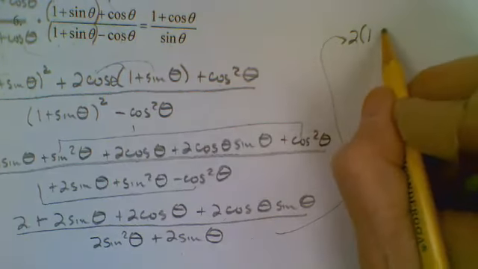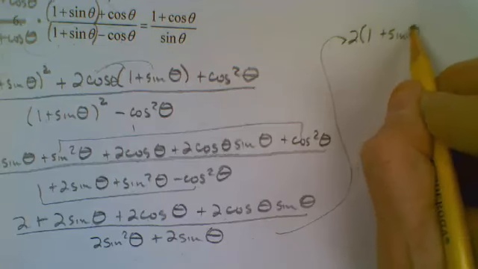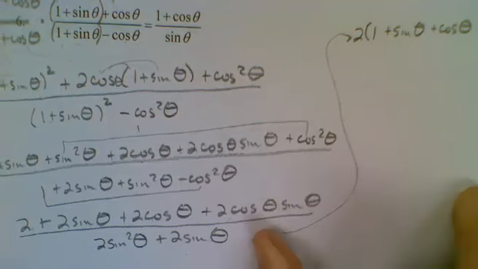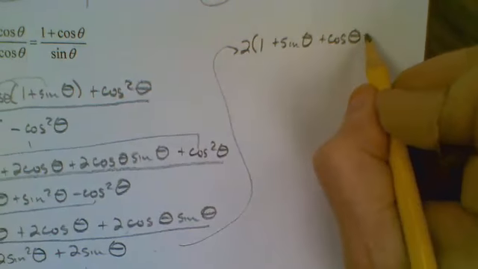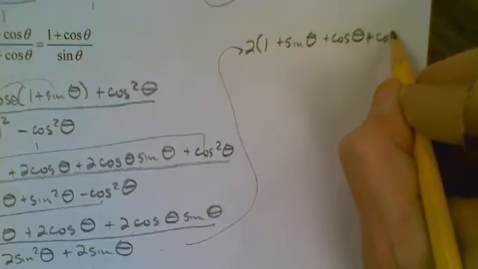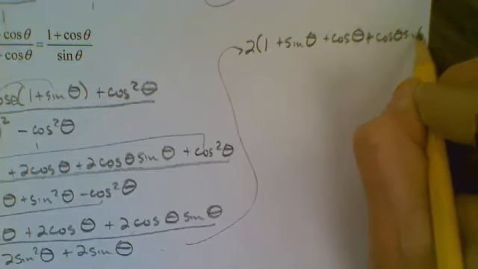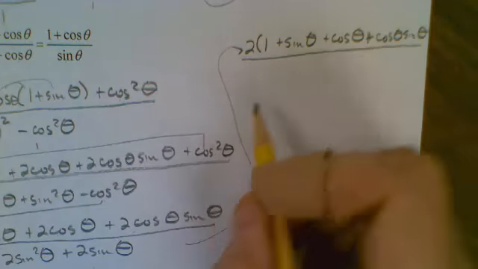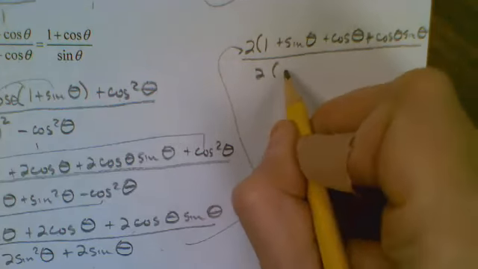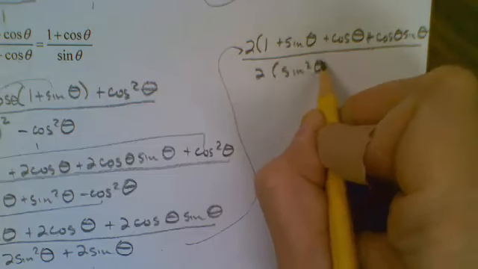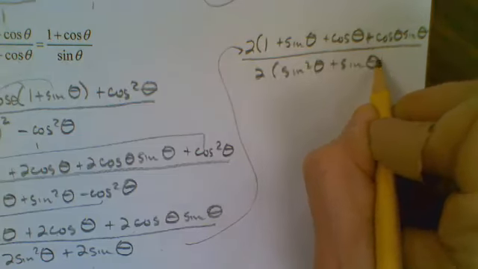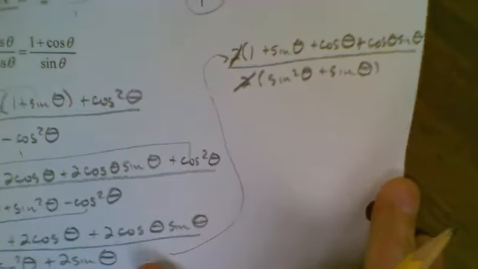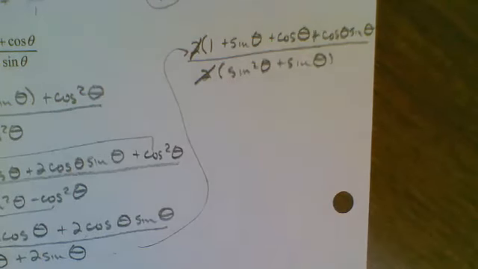So it's going to be 1 plus sine theta plus cosine theta plus cosine sine. Okay? In the denominator, when I factor out a 2, I'm going to be left with sine squared theta plus sine theta. So if you just want to take care of that first, you can. You could have kind of done all of that at one time, but sometimes you want to get rid of those numbers to help out a little bit.